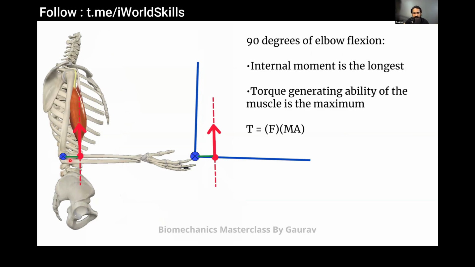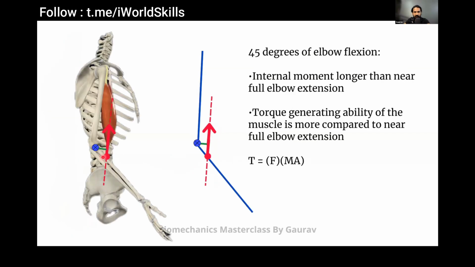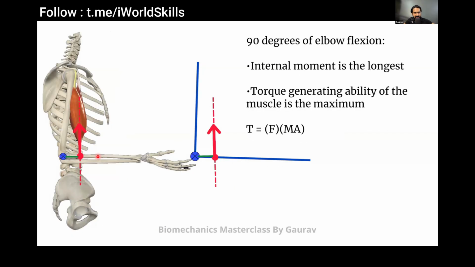Great. Now let's flex the elbow even further and reach 90 degrees of elbow flexion. Now at 90 degrees, you can clearly see this internal moment arm is even longer as compared to the moment arm at 45 degrees. Look at this moment arm at 45 degrees. Now look at this moment arm at 90 degrees. Look at it very carefully. It's longer. As a matter of fact, near 90 degrees of elbow flexion, the internal moment arm of the bicep muscle is the longest.